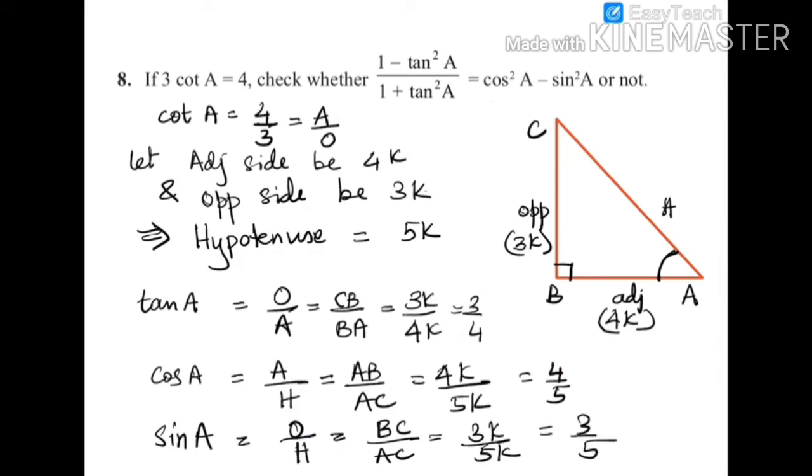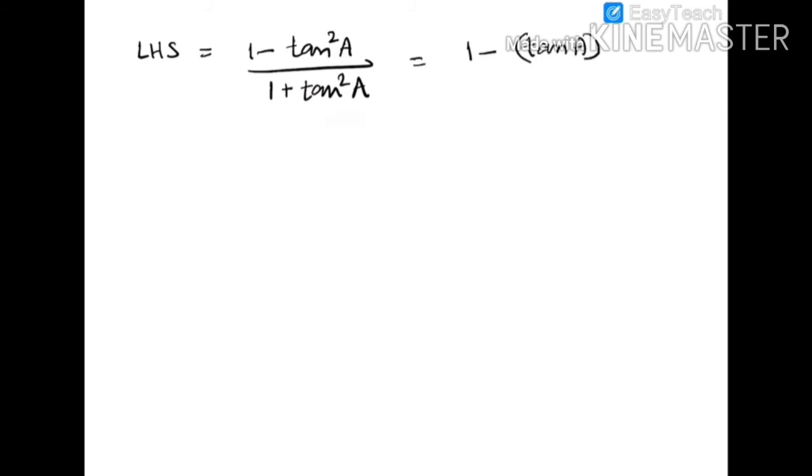Now we are ready to substitute these ratios in this equation. So let's take the left hand side of the equation first, which is 1 minus tan square A divided by 1 plus tan square A. This is same as 1 minus tan A square divided by 1 plus tan A square. Now let's substitute.